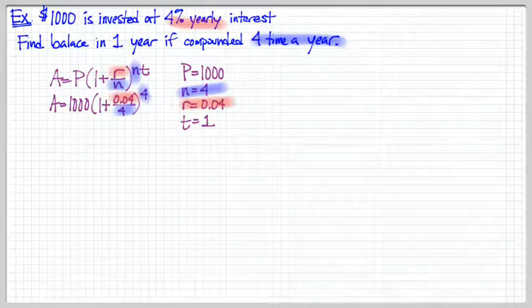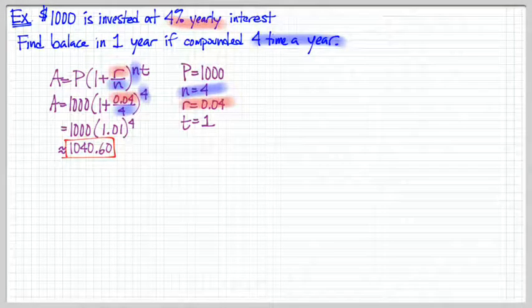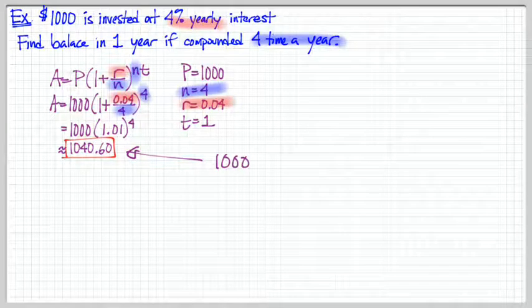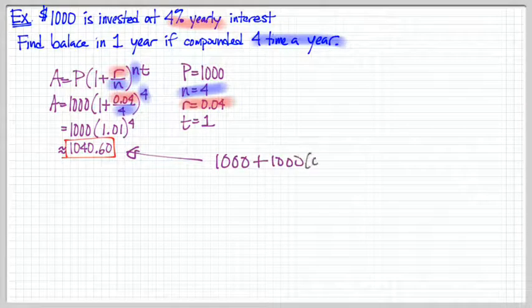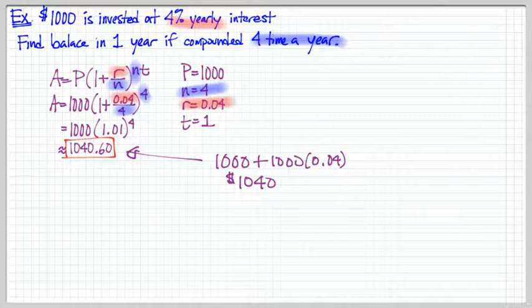After 1 year, we find out that we have earned $1,040.60. If we had compounded just 1 time a year, at the end of the year, we would have had 1,000 plus 1,000 times 0.04, which would equal $1,040. So you can see there is a slight difference. If we compound 4 times a year, we will earn slightly more.